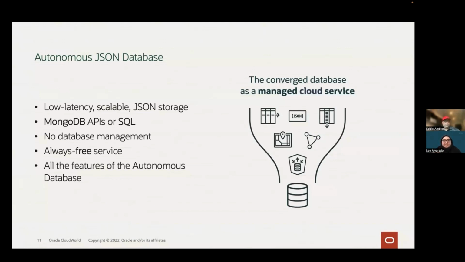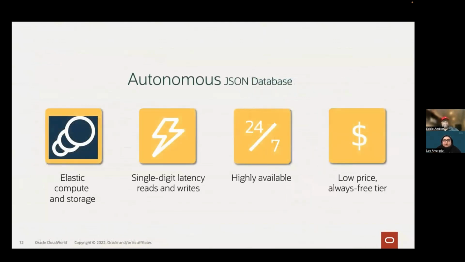And in terms of functionality, it is the same as ATP, or Autonomous Transaction Processing. The AJD is intended to compete with NoSQL document stores.